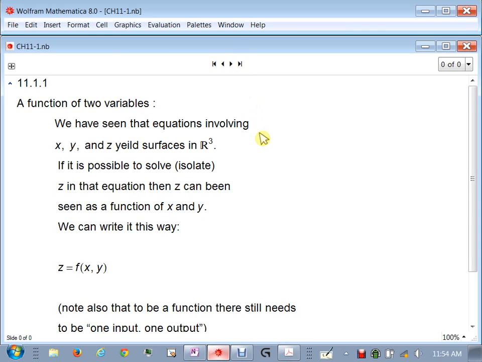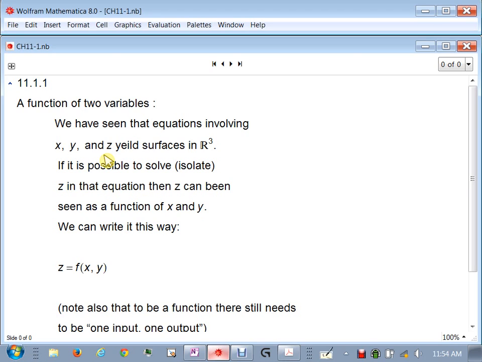So we have seen so far that when we have an equation that has x, y, and z in it, we get surfaces. When those three variables appear, we get a surface. Examples: cones, paraboloids, spheres. But all of those were just equations, right? There was no f of x. It was just an equation with x, y, z in it.